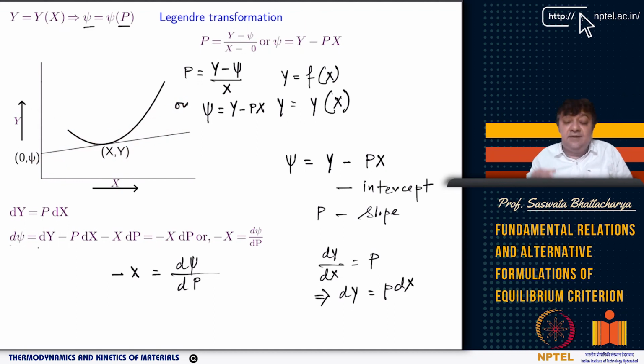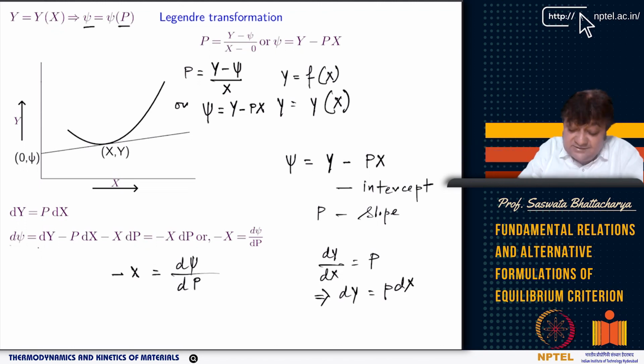So basically, the usual form that we write, y as a function of x, can be written in terms of the series of slopes and intercepts of the curve, right? Basically, the slopes and intercepts made by the tangent to the curve at different points.